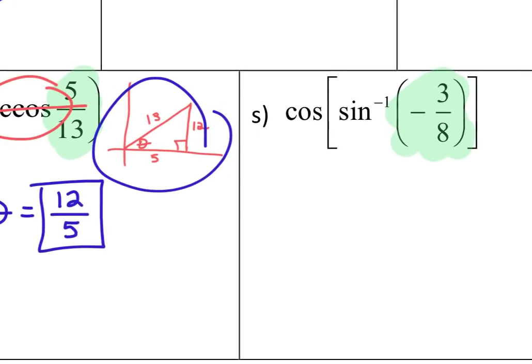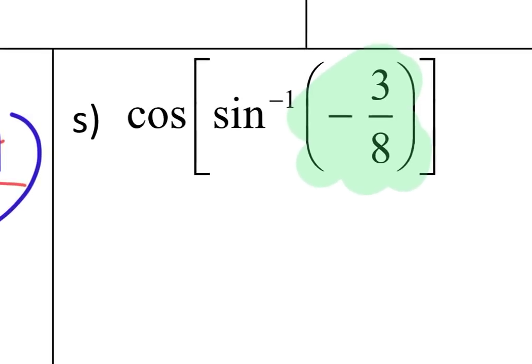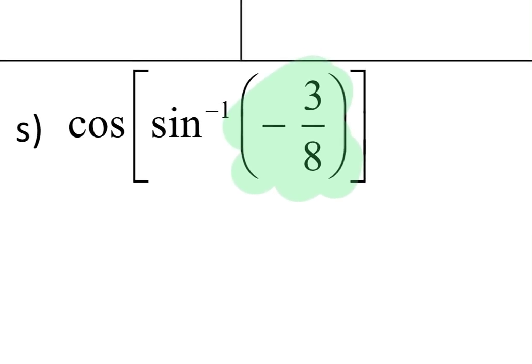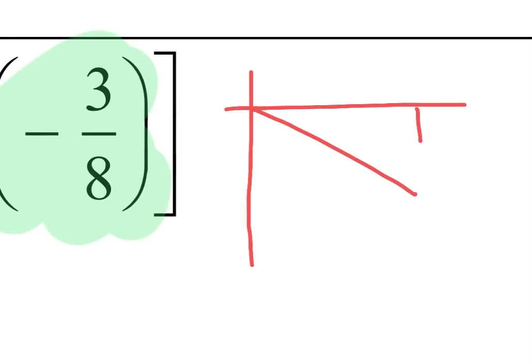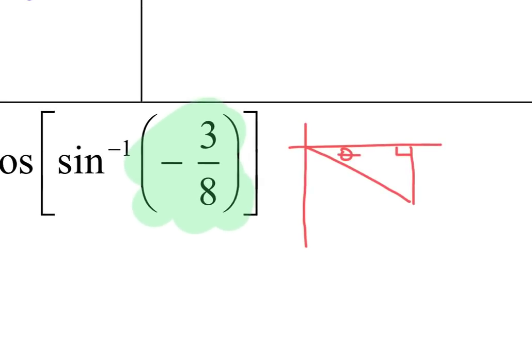In letter S, we are again given a negative input into sine, and so this is going to be a fourth quadrant triangle. Sine is opposite over hypotenuse, so 3 over 8, and in the fourth quadrant, the y value is negative.